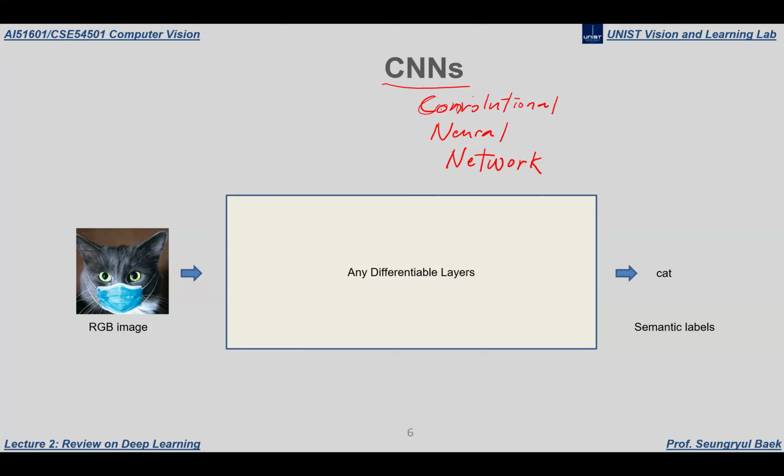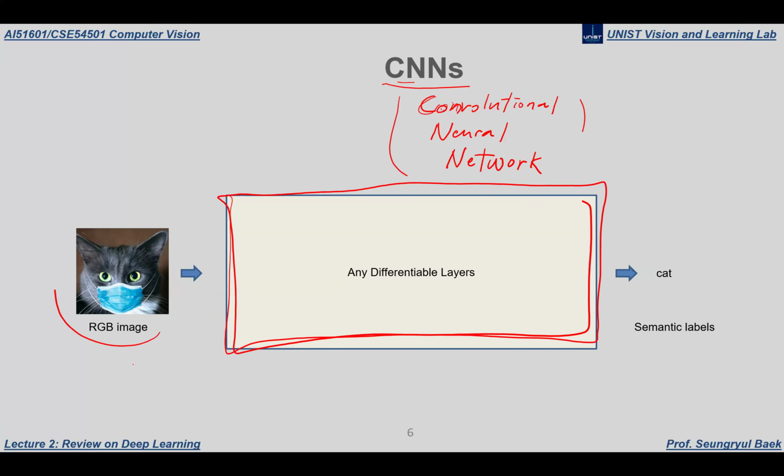So in the year 2012, AlexNet, one of the successful CNN architectures, was introduced. And for almost 10 years in computer vision research, CNNs were the prevailing algorithms. Okay. But you have to understand any differentiable layers could be here.